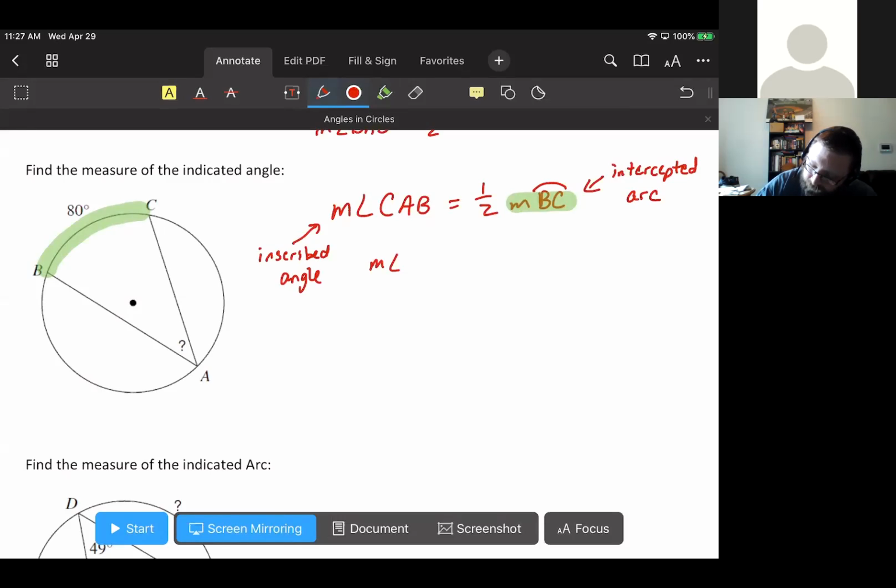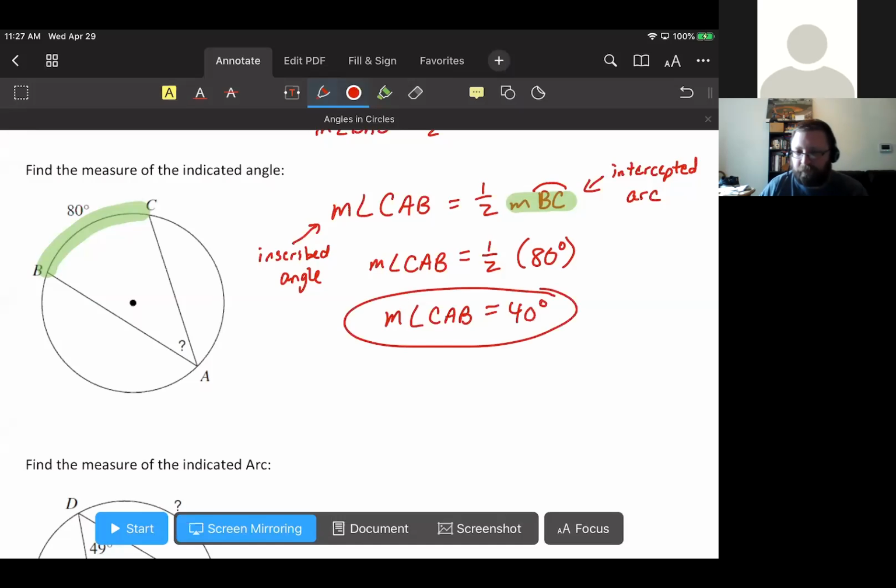So the measure of angle CAB is half of 80 degrees, which means the measure of angle CAB is 40 degrees. Straightforward. And again, as long as we can tell the difference between central angles and inscribed angles, this should be very, very easy.